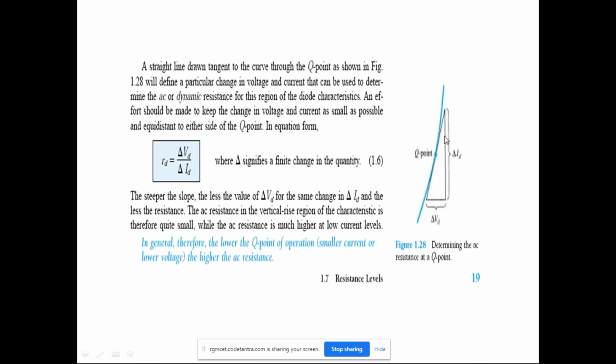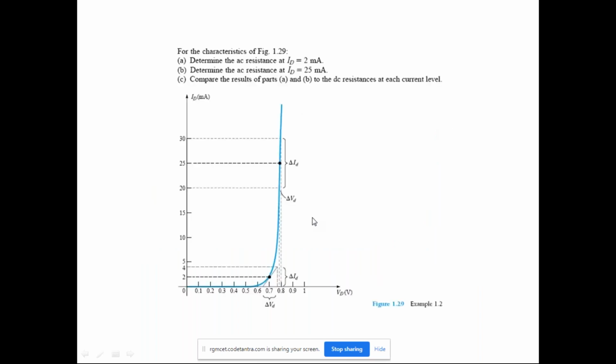Then how to find it? Draw one tangential line with respect to the Q point, then that will project onto the x-axis. Then you can find the delta VD and delta ID. Observe here, this is the given problem. Determine the dynamic resistance at ID equal to 2 milliamperes and ID equal to 25 milliamperes.